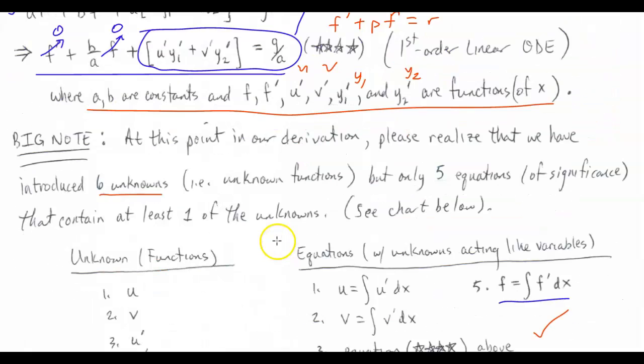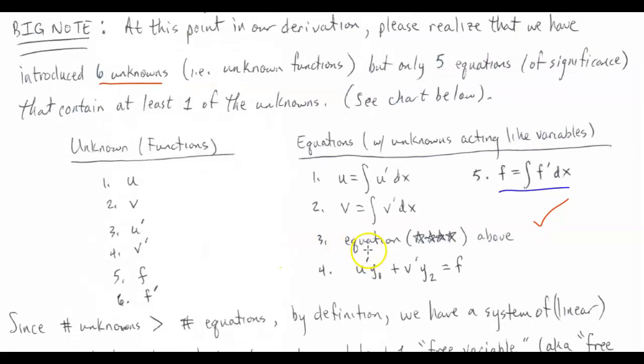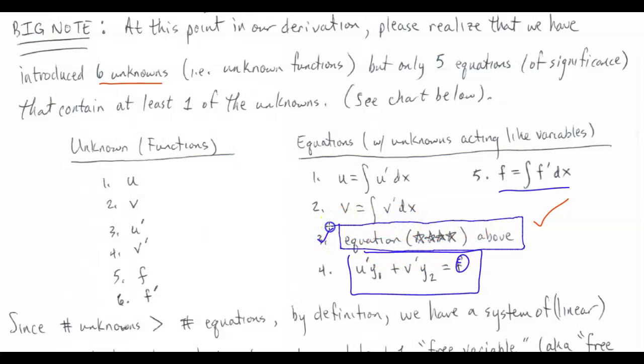Now, of course, that takes care of this equation. If I let this equal 0, then of course I have this equation and I've got this one. And I already know what this is because I've set what it's going to be. So this one is no longer needed. And of course, I can find out U and V after I find out what U prime and V prime are.